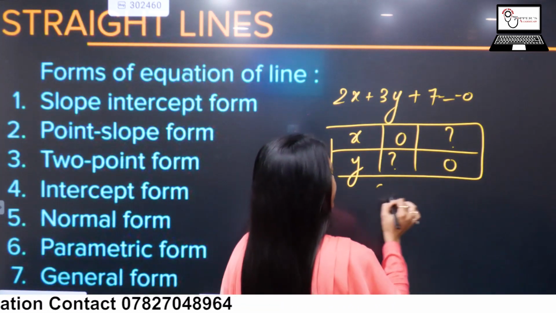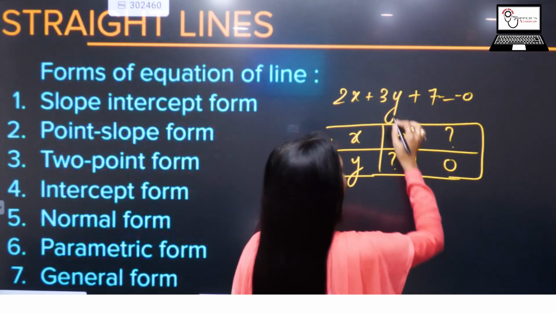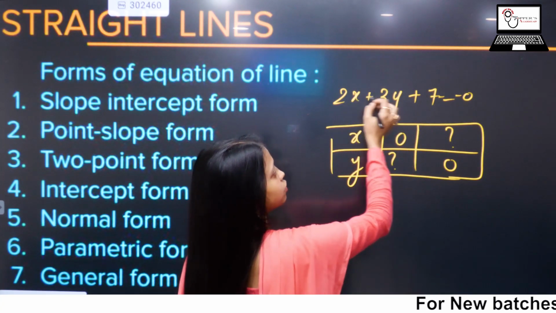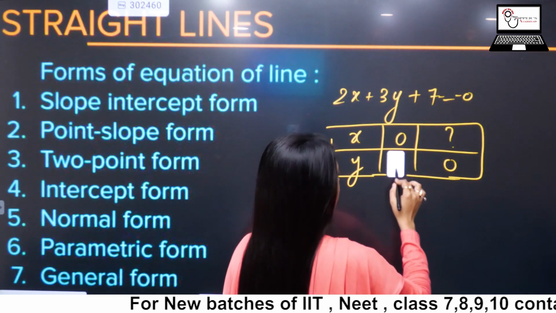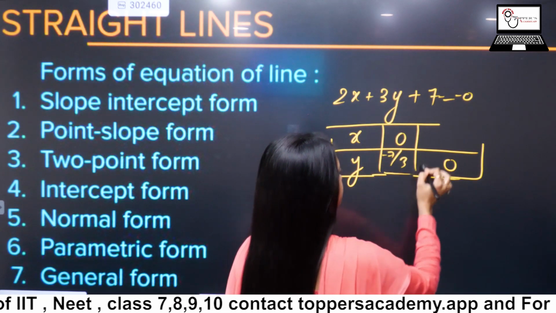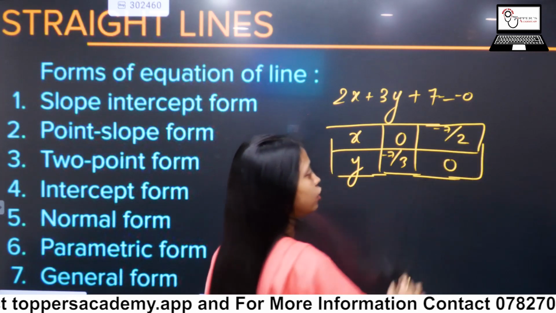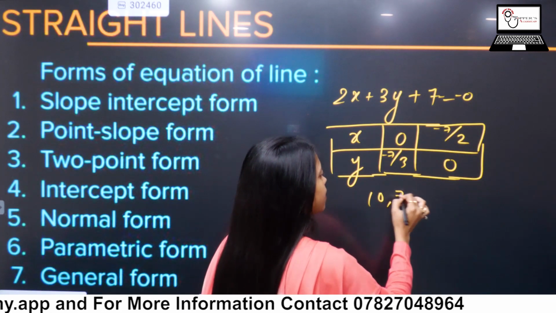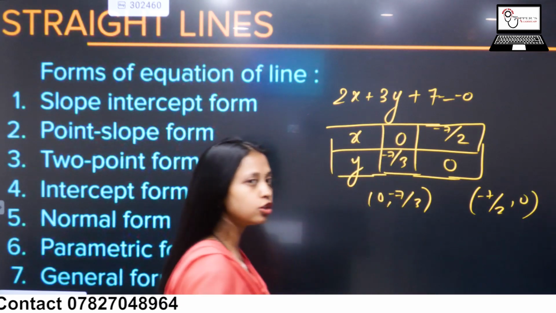If I substitute x is equal to 0, y is equal to minus 7 by 3, and for y is equal to 0, x is minus 7 by 2. So the 2 points are 0 comma minus 7 by 3 and minus 7 by 2 comma 0.